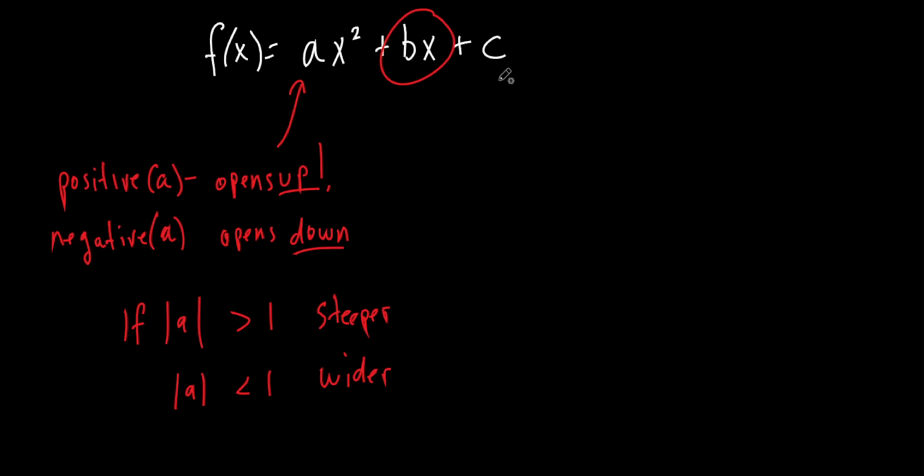What about the c? The c tells us something. What does that tell us? Right, it translates it, or it shifts. Let's say shifts. It doesn't matter, or translate. That's what it does, which means it goes up or down. So if it's positive, what does the positive do to it?